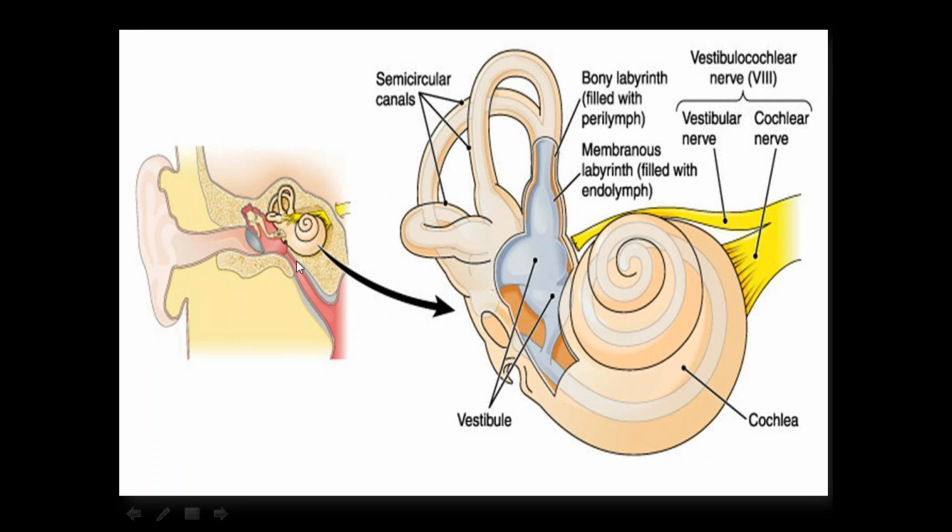And there is a passage going to the pharynx called the eustachian tube, and that's the whole thing of the middle ear. The inner ear is the vestibular area, the cochlea, and the semicircular canals.